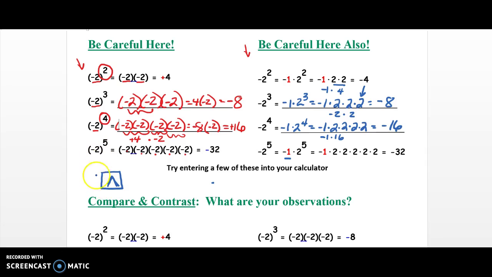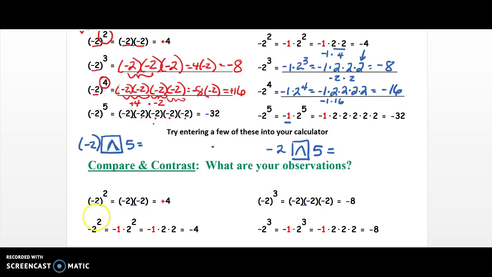So take this, negative 2, press this button and enter 5, and hit the equal sign and see what you get. Then do this one. Take negative 2 without the parentheses, hit this power button, the exponent button, to the 5th power and hit equals and see what you get.